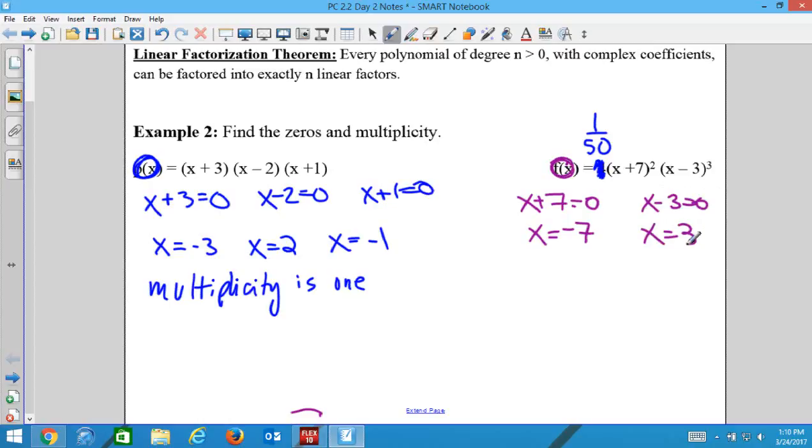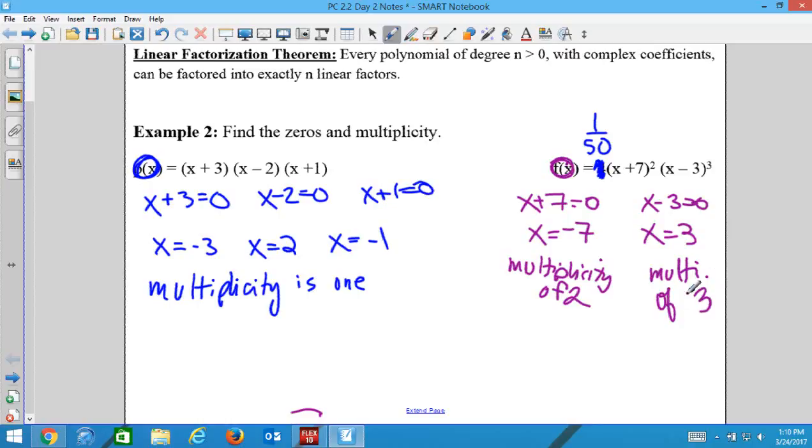Is there a multiplicity? For x equals negative 7, how many factors does x equal negative 7? 2 of them, right. So we have a multiplicity of 2. And then for x equals 3, what's the multiplicity of that one? How many? 3, because that's the exponent.